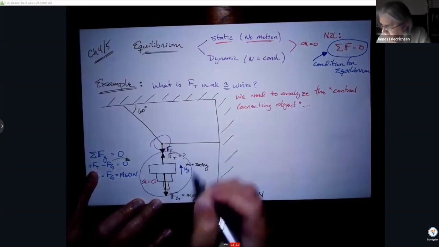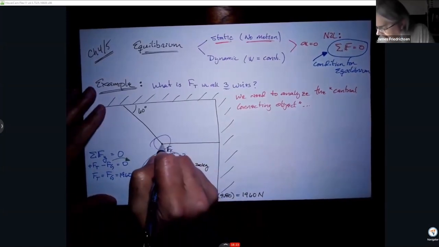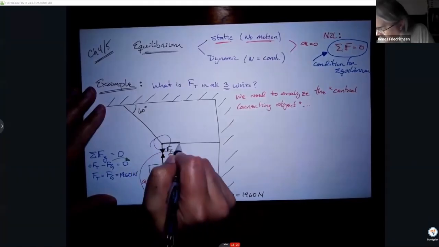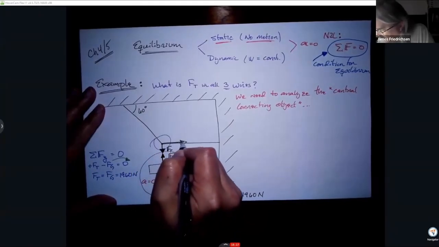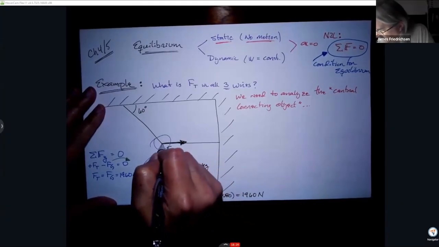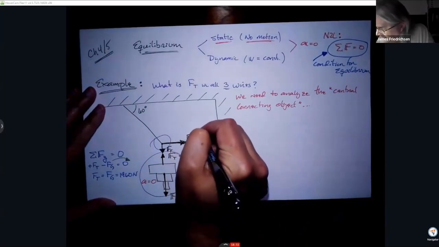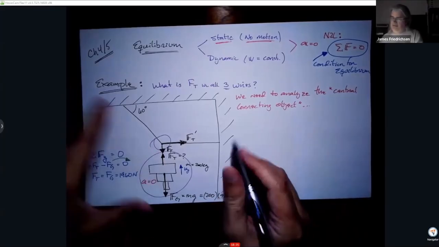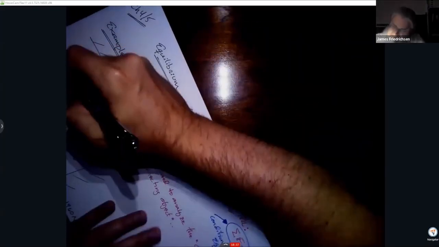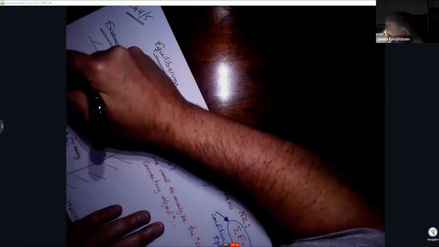going down. And then we're going to have a tension force going along this horizontal wire, to the right. I'm going to label this as FT prime. And then we're going to have a tension force running along this angled wire up like this.